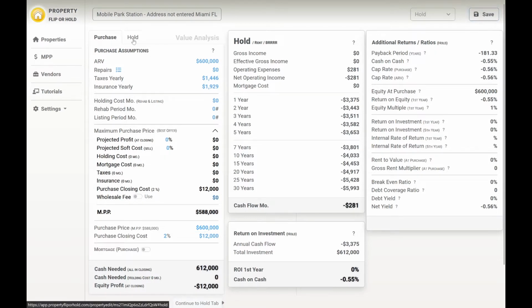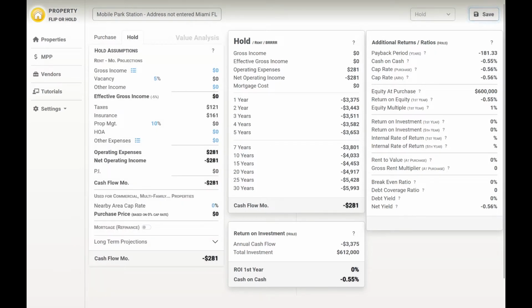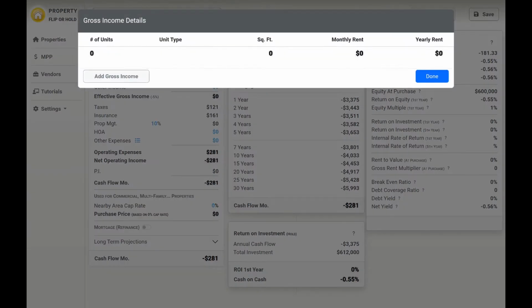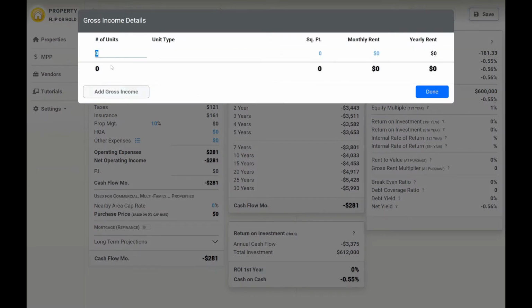So let's go ahead and go to the hold tab, and let's start entering the gross income. Now I could put a total here, but let's go ahead and break it down by unit. So this particular property has 2 units of 14 by 60. And each unit is 840 square feet, and they rent for $500 a month.